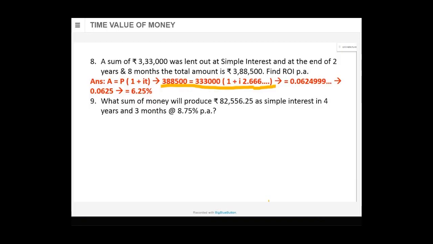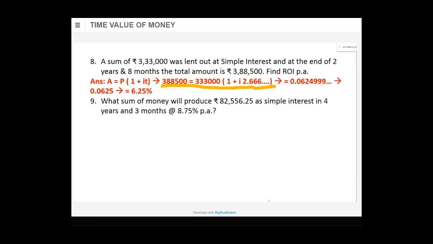Give me the notation. Is it A? Is it P? Is it I? Is it T? Is it A? 82,556.25 is what?